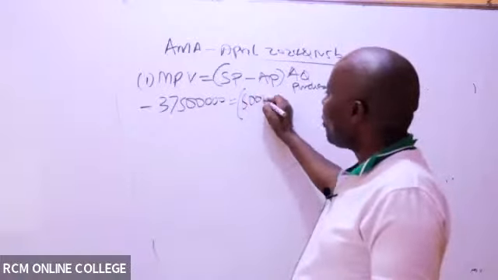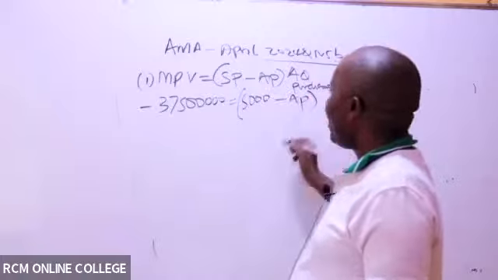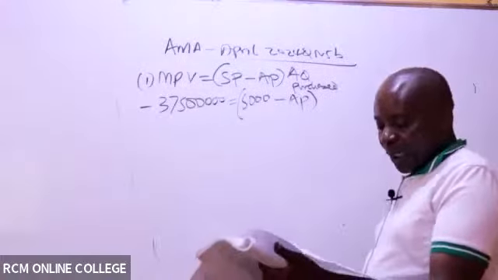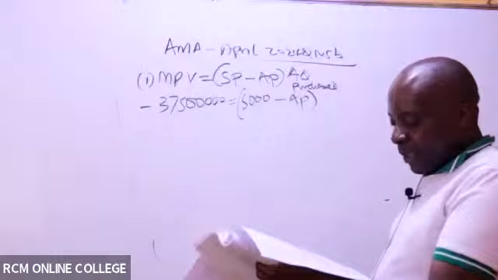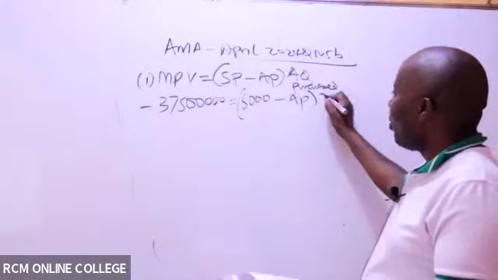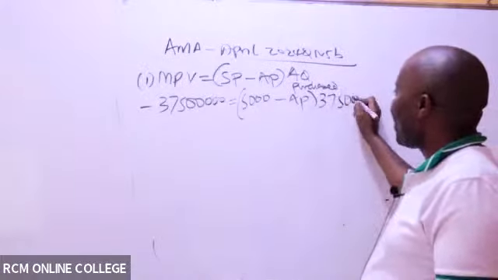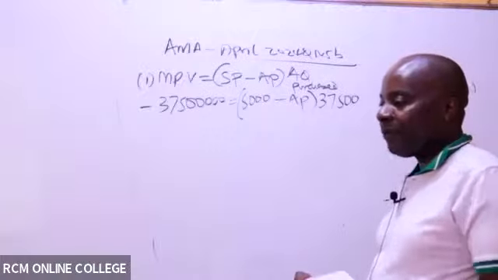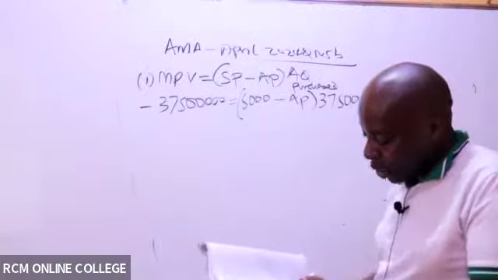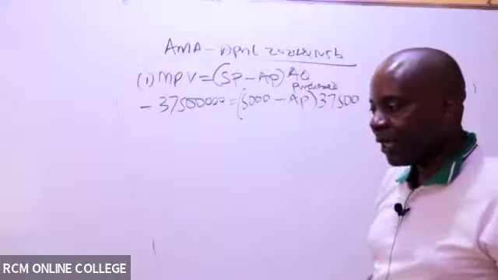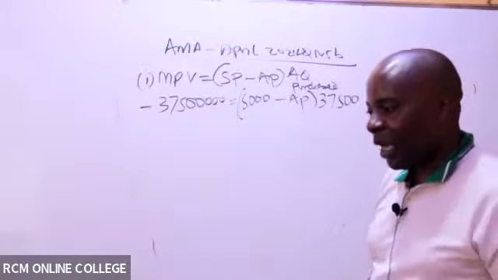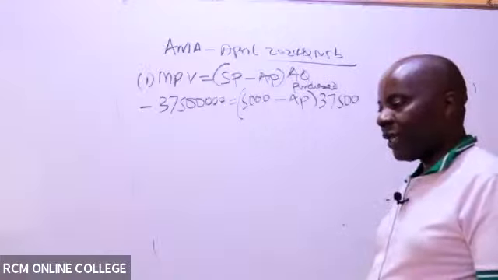So the standard price is 5,000. The actual price has not been given, but fortunately they gave us the actual quantity of materials purchased. Are you able to see from note number 2 that the actual direct materials purchased were 37,500?